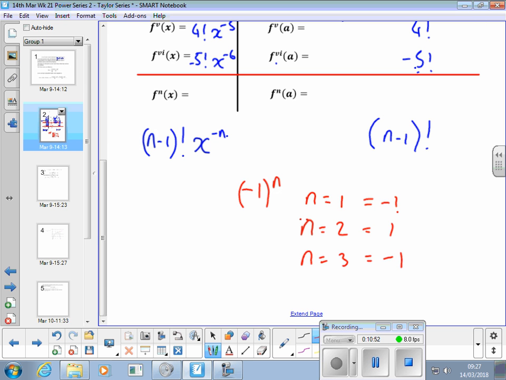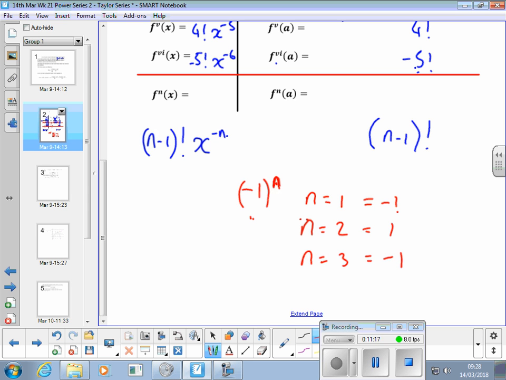What value of n will give me a plus 1? The first value of n starting from 2, yeah. So how can this minus 1 to the power of n give me minus 1? I want that to be 2.